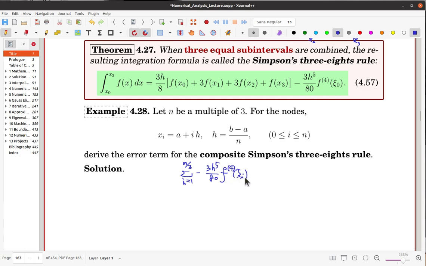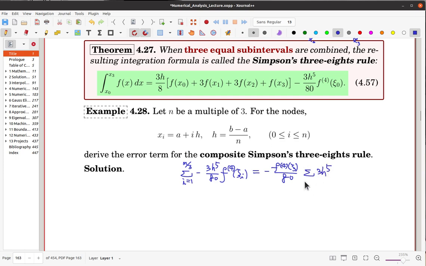Now the average value of the fourth derivative can go out, and the factor of 80 can also go out, and the remaining part is the sum of 3h to the 5.